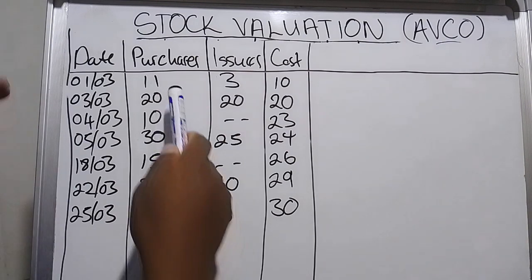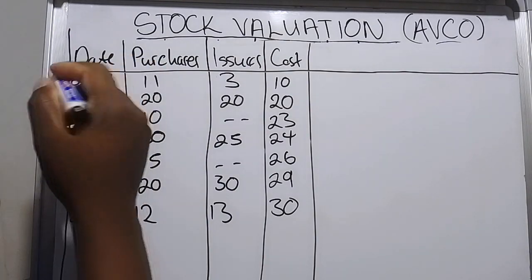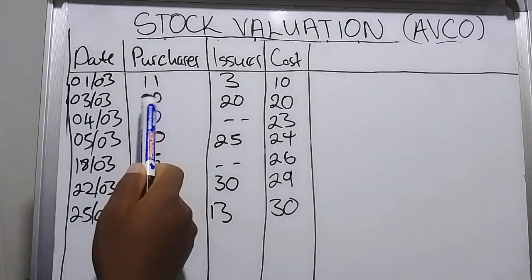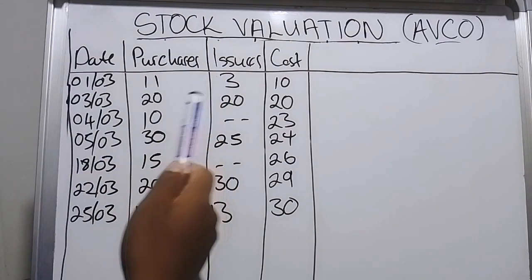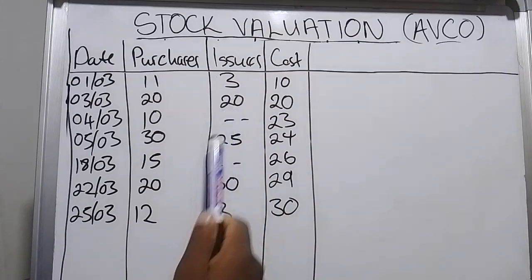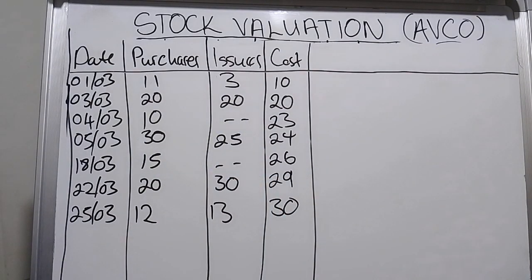All these rows and columns show similar information. On the 3rd of March, we also purchased 20 items at the cost of $20. Then we issued out 20 items again.